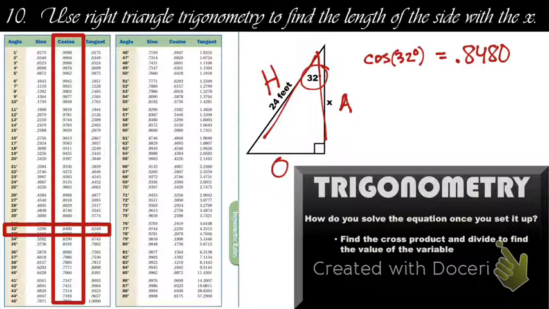Now I'm ready to write my equation. I know that in every 32 degree right triangle, the adjacent side over the hypotenuse will equal 0.8480. And in the triangle that we're working with, the adjacent side is x and the hypotenuse is 24.